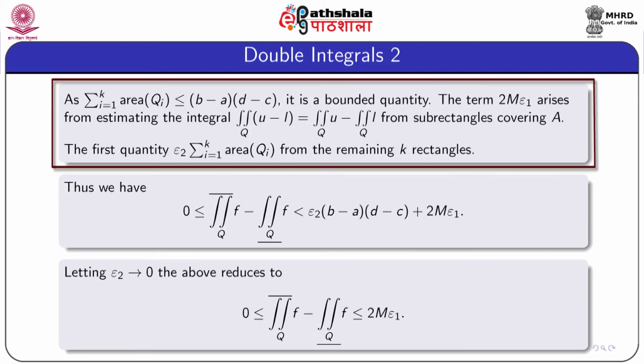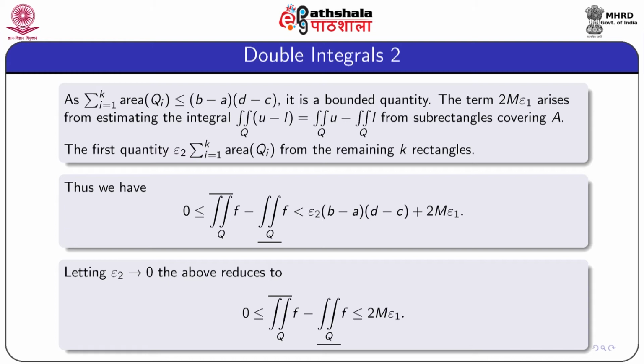Clearly, summation i from 1 to k area Qi ≤ (b minus a) times (d minus c) is a bounded quantity. The term twice capital M ε1 arises from estimating the integral U minus L over Q, which is nothing but the difference of integrals of U and L from subrectangles covering A. The first quantity ε2 times summation i equal to 1 to k area Qi comes from the remaining k rectangles.